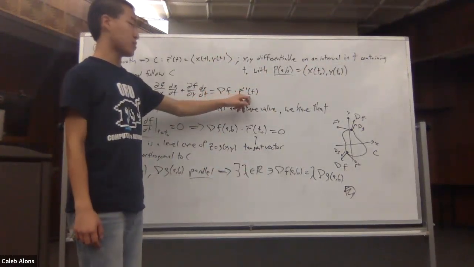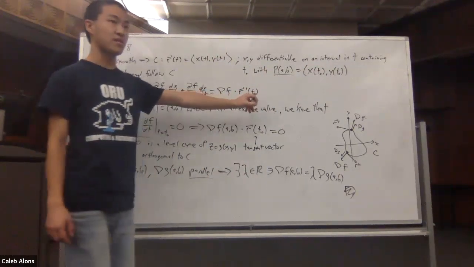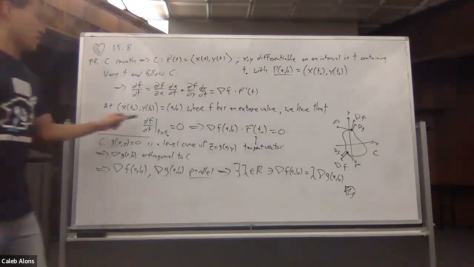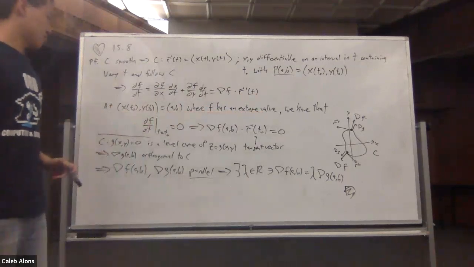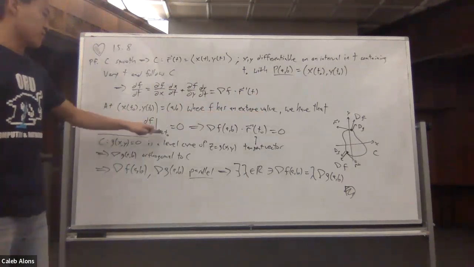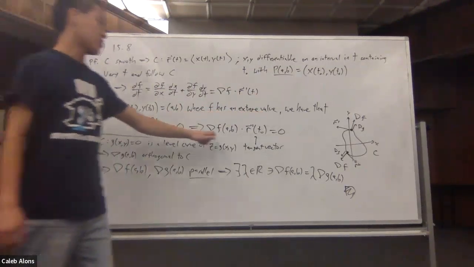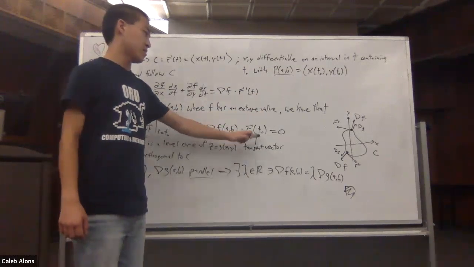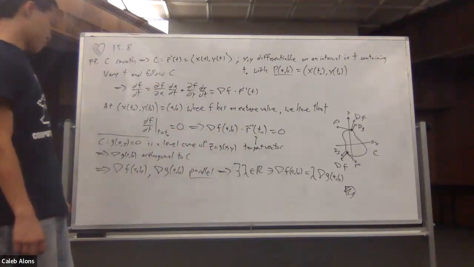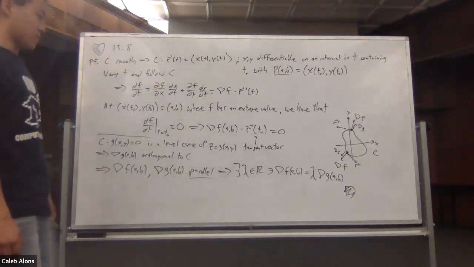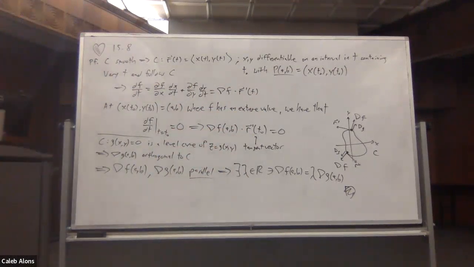Tangent vector, chapter 14. Dot product, chapter 13. Extreme value, Calc 1, Calc 2, Calc 3. Evaluating a derivative at a point to 0, Calc 1. Dot product, Calc 3. Tangent vector, chapter 13. So yeah, you use everything. Cool. All right. You want to see a problem?